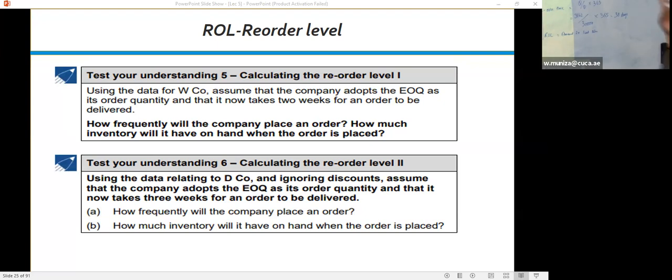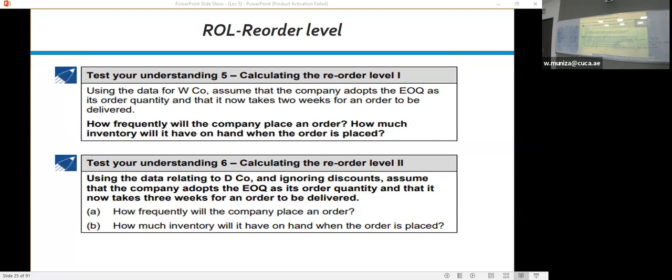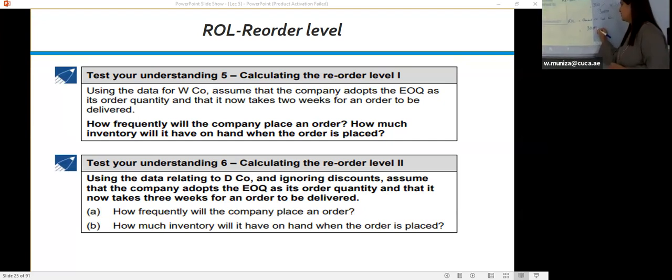Okay, now what is the demand in lead time? What is the lead time? It now takes 2 weeks for an order to be delivered. What is the annual demand? 30,000. This is for how many weeks? There are 52 weeks we consider in a year.